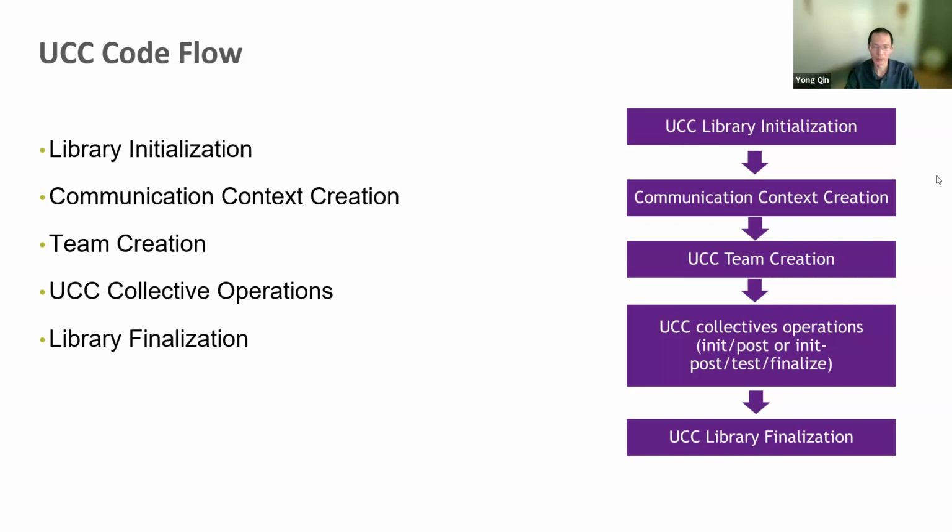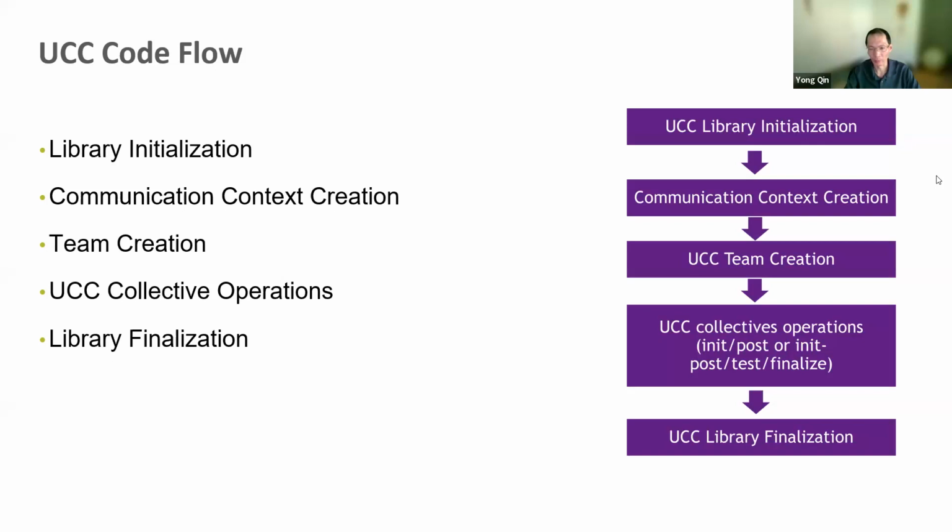So within UCC, to reflect that, UCC also needs to create its team. And then once you're approaching to start a particular collective, such as MPI_Alltoall or MPI_Alltoallv, etc., UCC will also need to initialize a proper collective for this particular MPI operation as well.